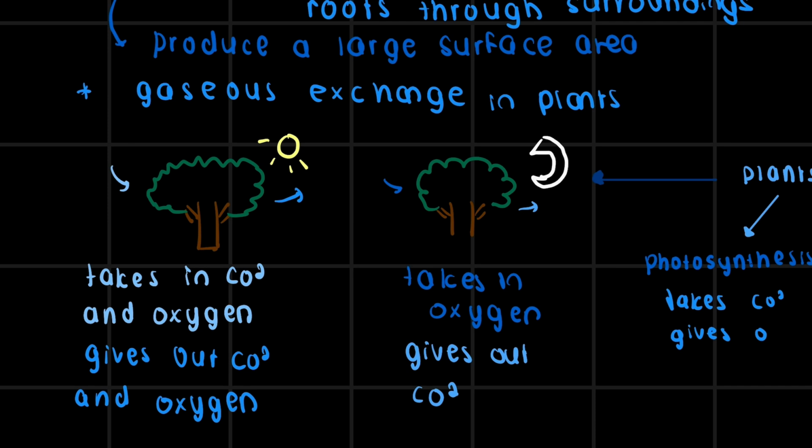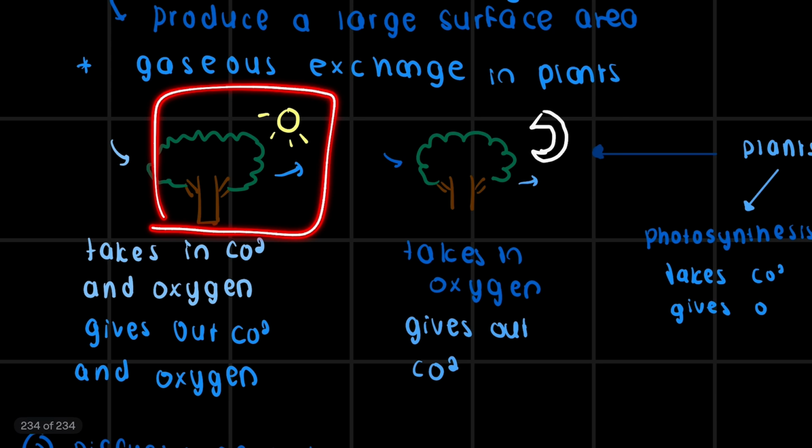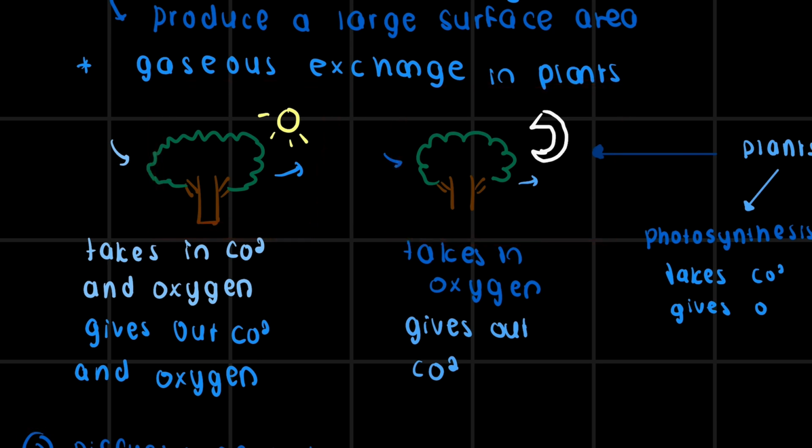As you can see in both diagrams, this is the day and this is the night. During the day, plants take in carbon dioxide and also oxygen, whilst they also give out carbon dioxide and oxygen. And why is this?